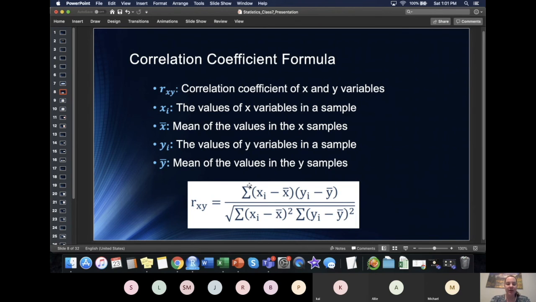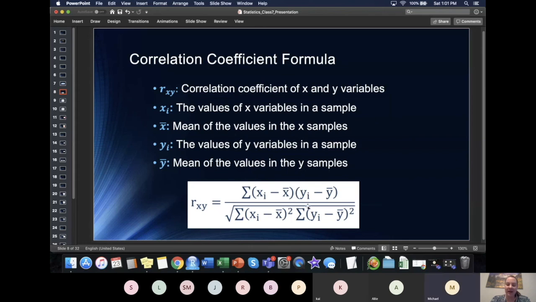As you see down here, this symbol always means sum. So the i equals 1 symbolizes that we're going to go through each of the points in our data set one by one. Like I said, this is the same as x1, x2, x3, referring to the different rows in our data set. The mean of the values is always going to be x bar. So when we see that down there, we would have all of our different points, 1, 2, 3, 4, so on and so forth, and we would subtract the mean from that.